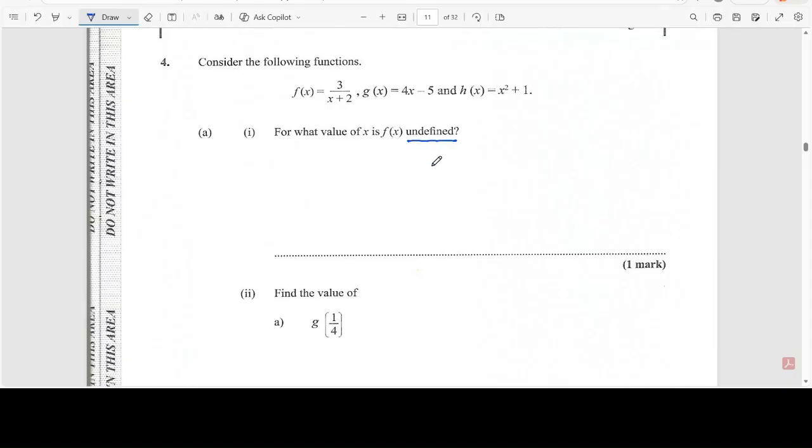The underneath part, the denominator, has to be 0. So you put denominator equal to 0. And what is the denominator? X plus 2. So if x plus 2 is equal to 0, what is x going to be? Right, good. Negative 2.